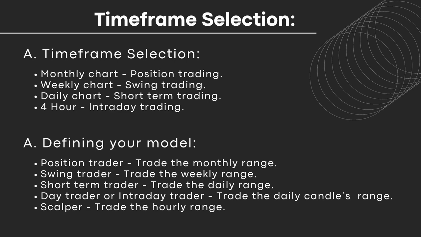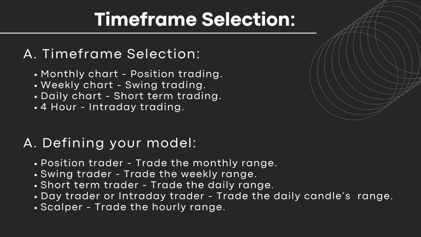We're going to first do that on the monthly time frame, and then we're going to refine that on the weekly time frame through a top-down approach, through different concepts, and we're going to reach a conclusion regarding our directional bias that we're going to have as an intraday trader or short-term trader.